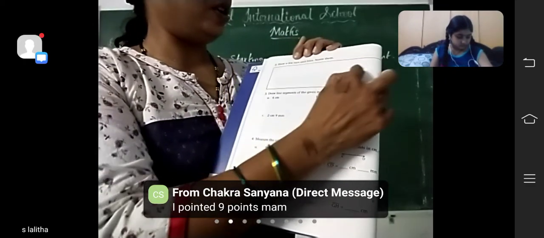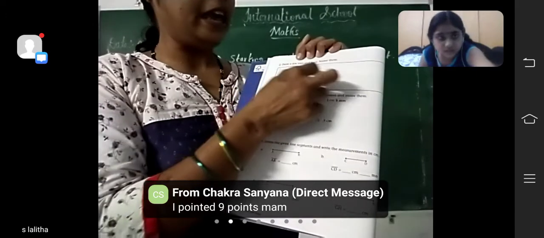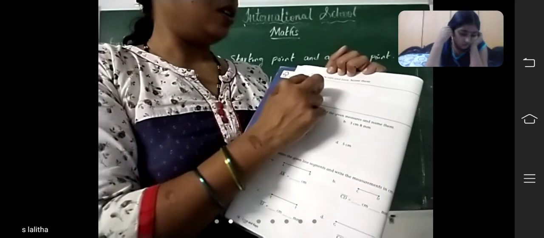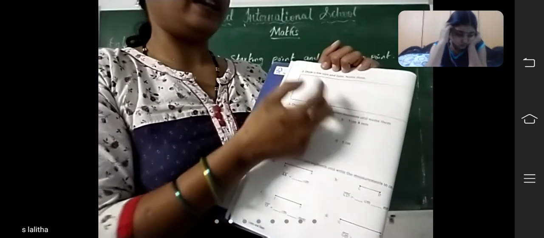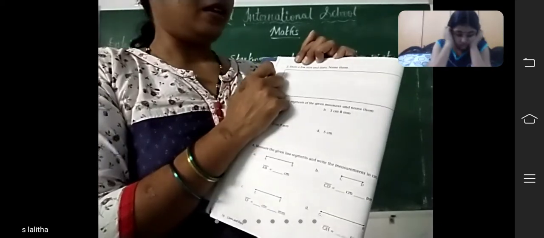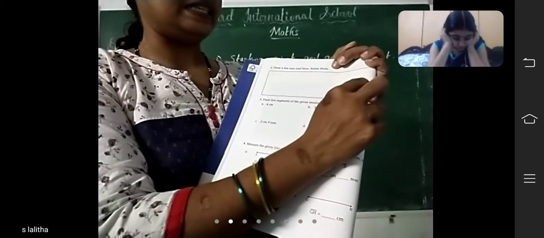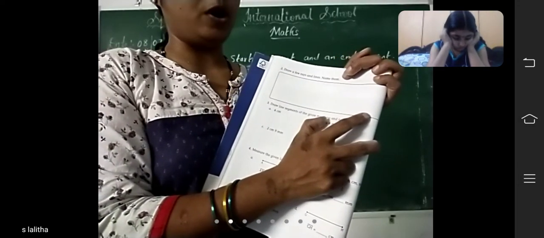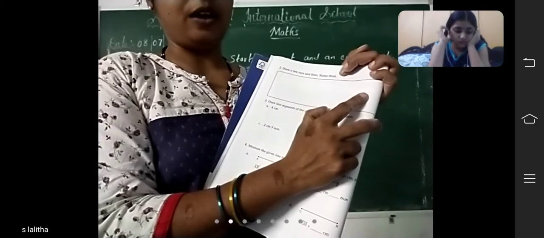You should draw at least 3 rays here and 3 lines here and name them, using capital letters as you wish. Rays mean what? A ray has a starting point but no ending point. So draw 3 rays and name them. And here you should draw lines. A line has no starting point and no ending point. You should mark arrows on both sides. Okay, ma'am, draw 3 lines and name them.